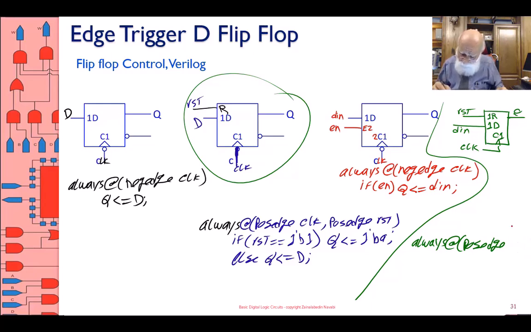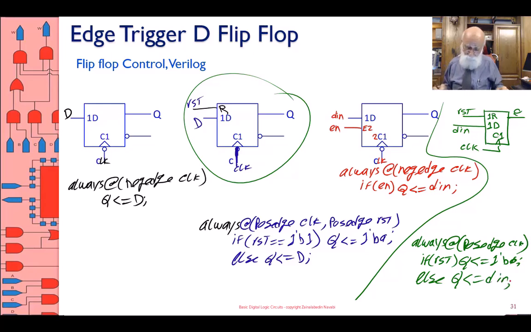And therefore, if I come in on the clock and I find that reset is active, then Q gets 1'b0. Else, if reset is not active, then reset is allowing Q to get D.